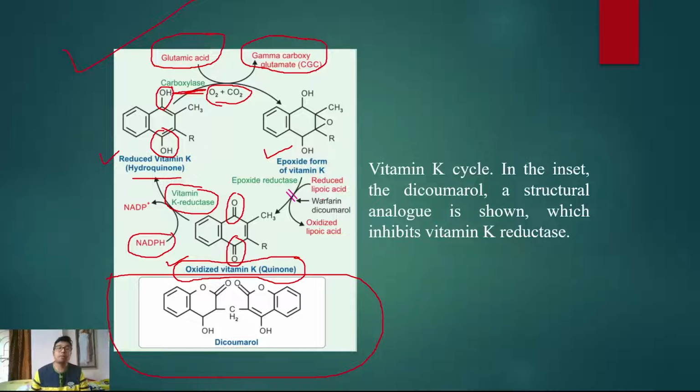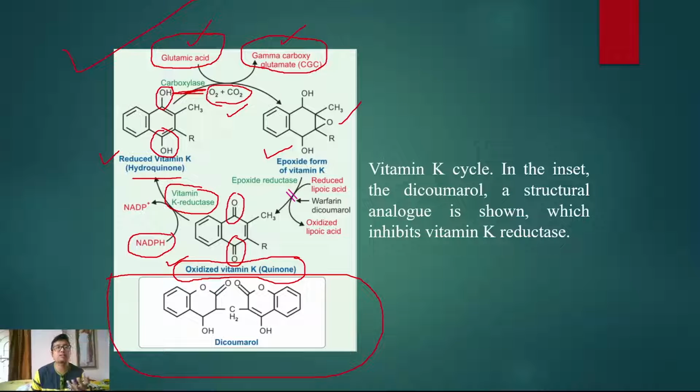So remember, while drawing the vitamin K cycle, these things should be there. This whole aromatic structure is not important, but with the help of a carboxylase enzyme, the reduced vitamin K is converted to an epoxide form, and during that it is catalyzing conversion of glutamic acid to gamma carboxyglutamate.